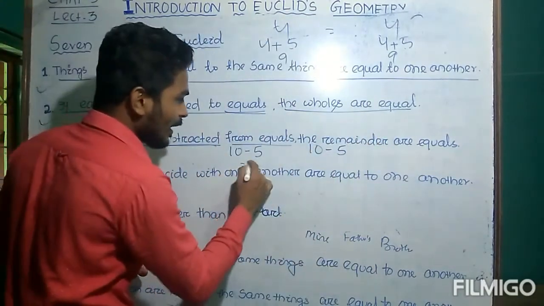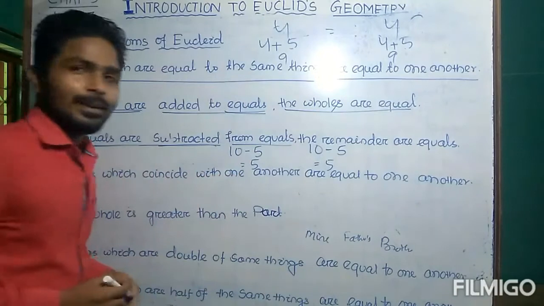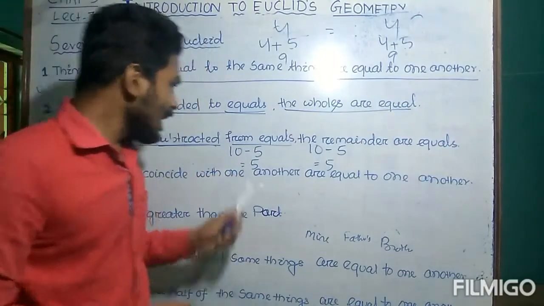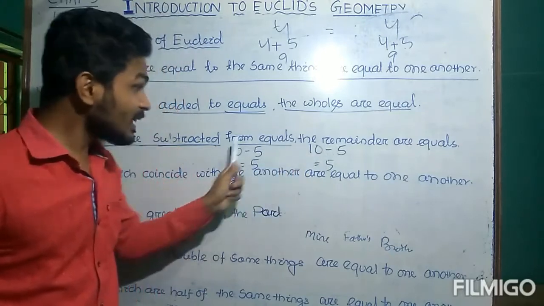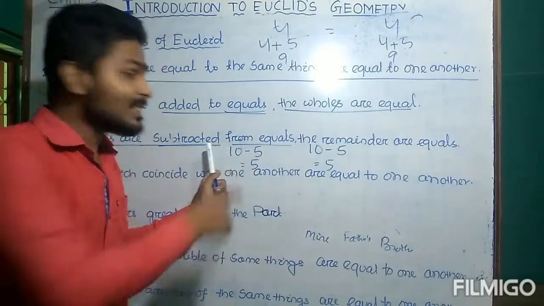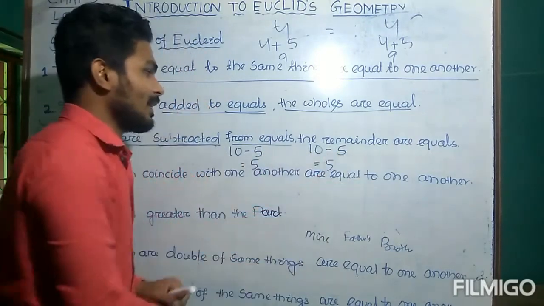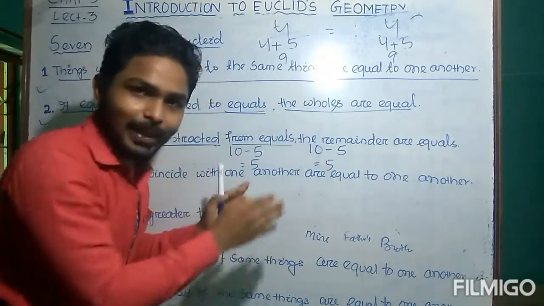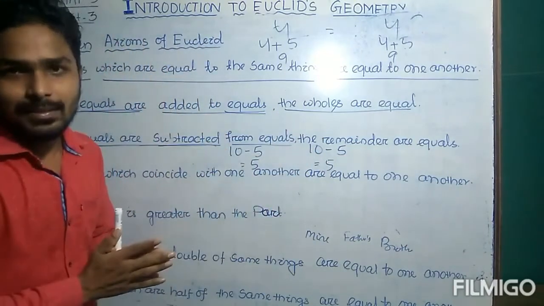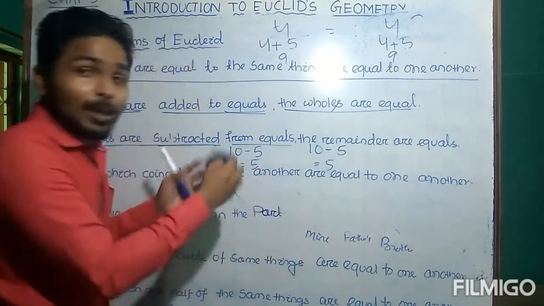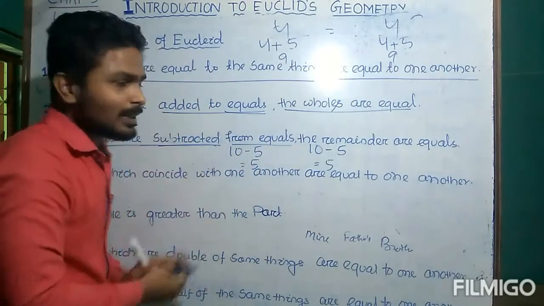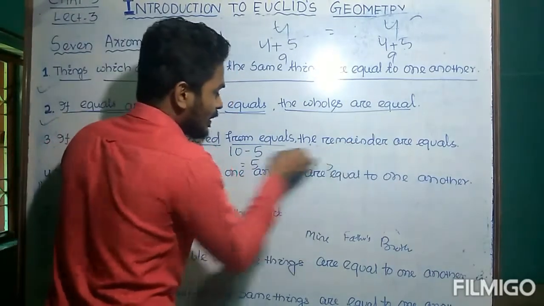So the result is 5, here also the result is 5. So if equals, that means 5, are subtracted from equals, that is 10 and 10, then the results, meaning the remainders after subtraction, are also equal.